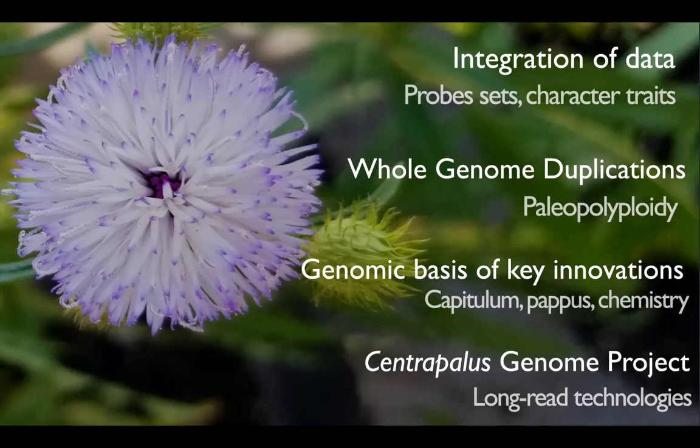I've always been told, always been read, that the capitulum, the pappus, and the secondary chemistry are things for Asteraceae that likely really led to its success. We are now at the moment where we can use whole genomes to maybe get at the functional genes underlying these traits. It's really an amazing time to be studying Asteraceae.